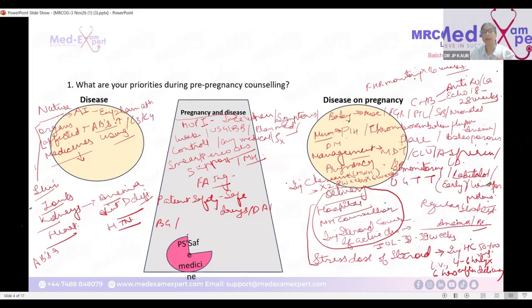Also, I need to tell her that because of this situation, she needs to be managed in a multidisciplinary team under the consultant-led unit. We will start her on blood thinners because in pregnancy, as such, the thickening of blood happens and the chances of embolism, thrombosis increases. We'll put her on aspirin.